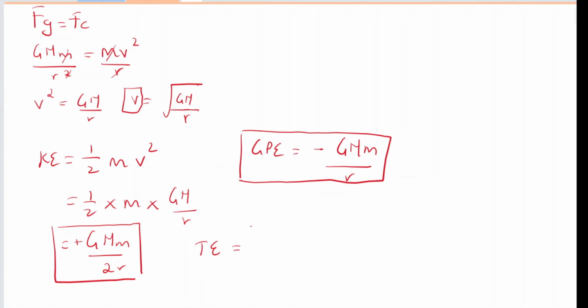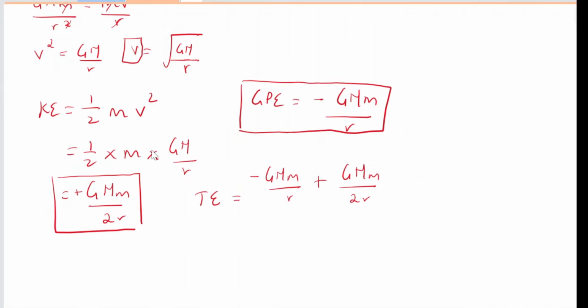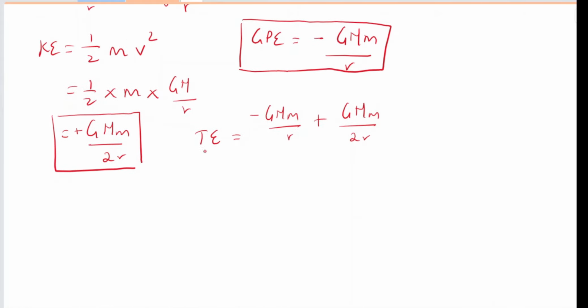So this is equal to negative GMm over R plus GMm over 2R. Just doing the subtraction gives you negative GMm divided by 2R. And this will be your equation for the total energy of an object moving around an orbit.